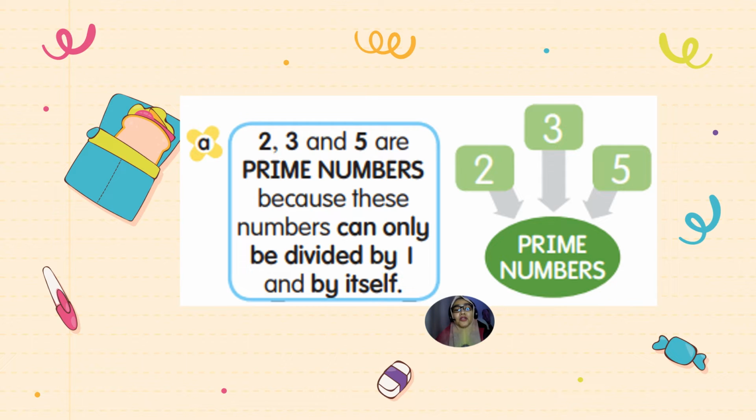No remainder. So these three numbers, 2, 3, and 5, are prime numbers, because they can only be divided by 1 and by itself.